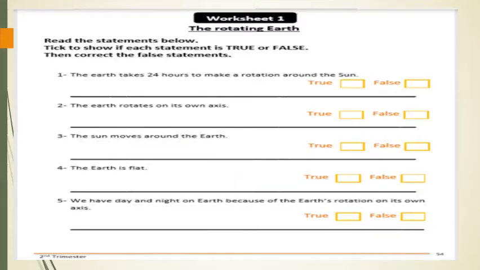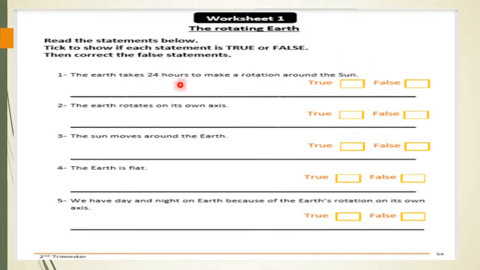We are going to start with worksheet number 1, which was your homework, page 54. The rotating Earth. Read the statements below. Tick to show if each statement is true or false. Then correct the false statements. Number 1 says the Earth takes 24 hours to make a rotation around the Sun.